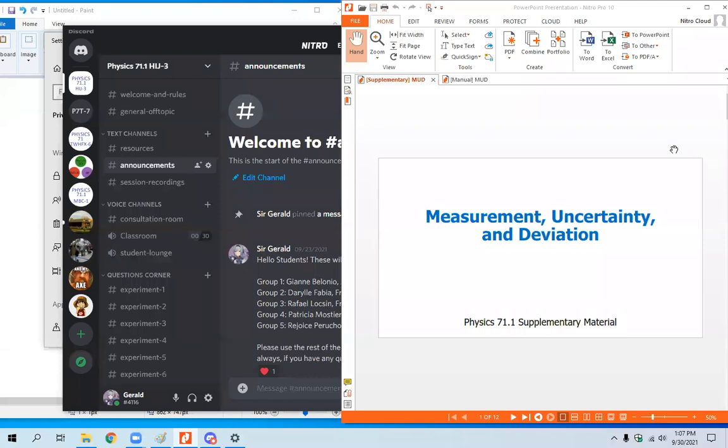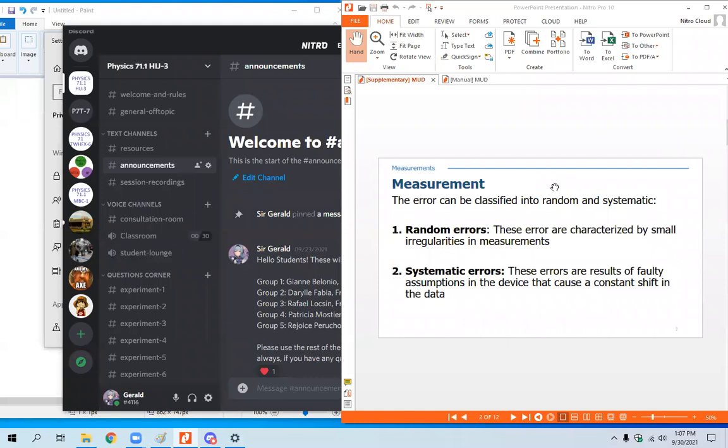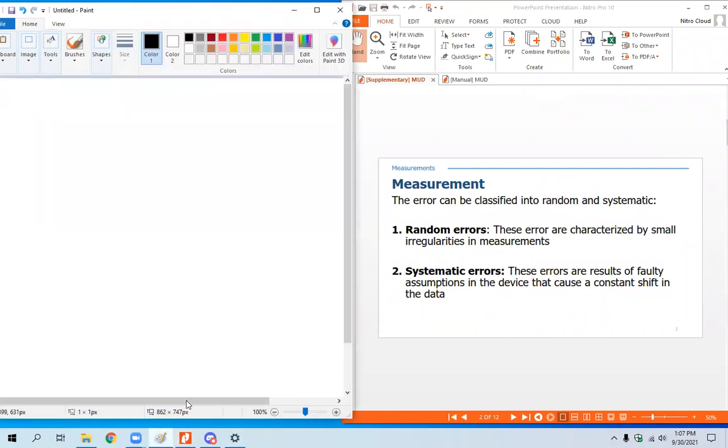So today we will be handling measurements, uncertainty, and deviation. So sa physics or any science, we do measurements.